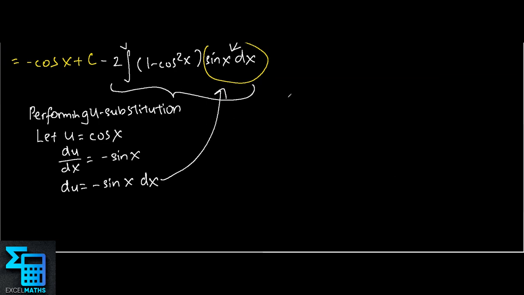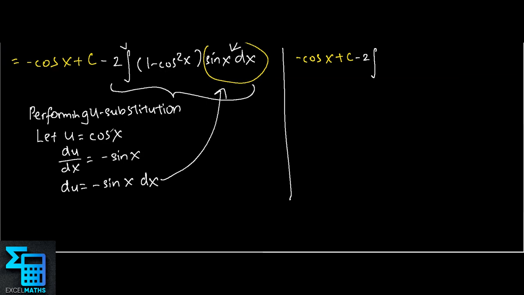We will have, and I'm going to write down here, so this will be the first part we do not need to touch, while the second part is just 2 integration of 1 minus cosine square x.